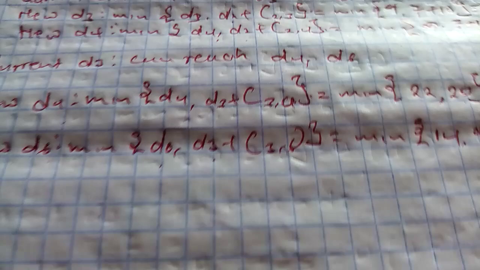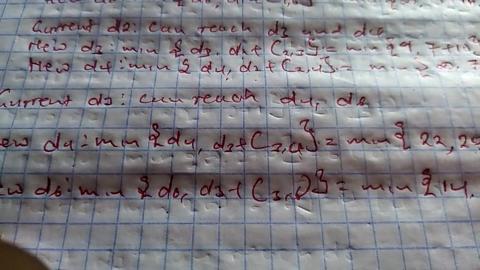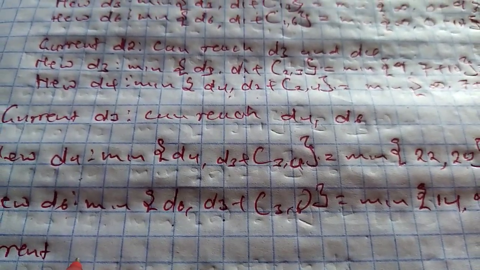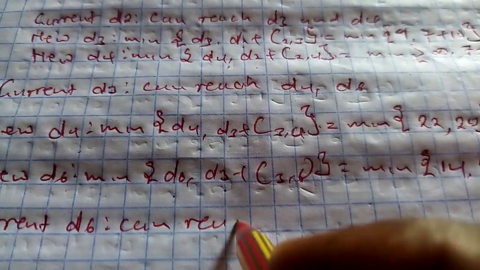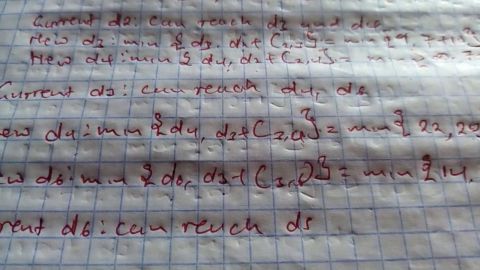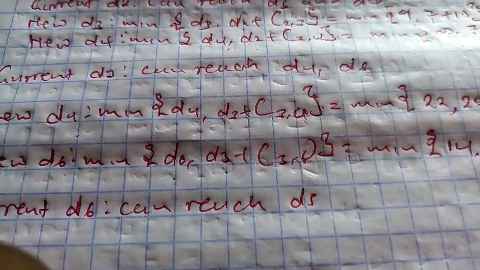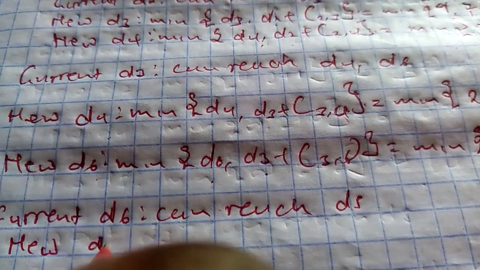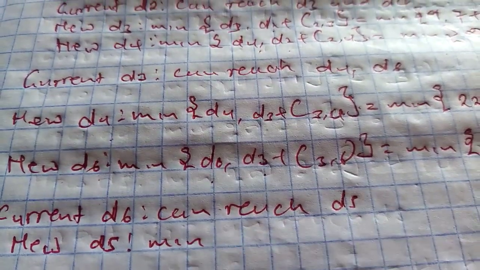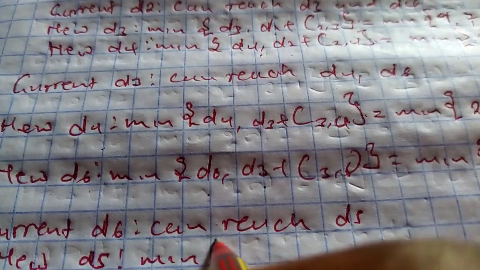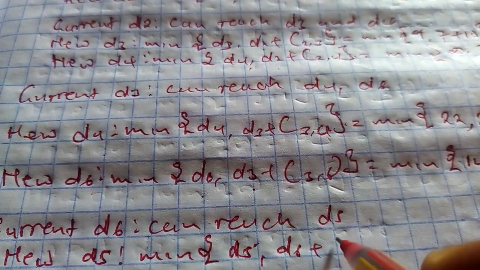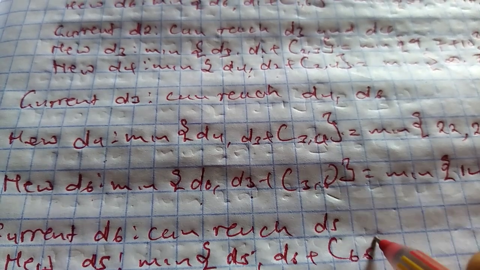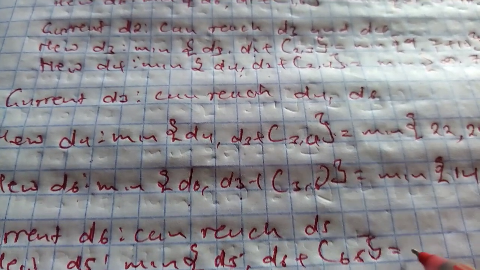So come here and say current is d6, can reach d5. So we need new d5, which is the minimum between d5 and d6 plus c6,5, that is the weight. What is our d5?